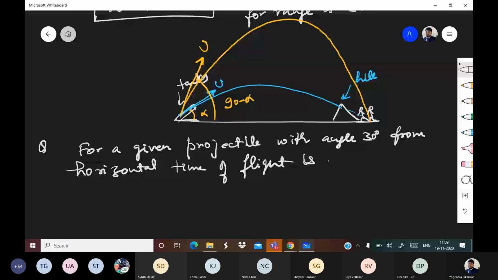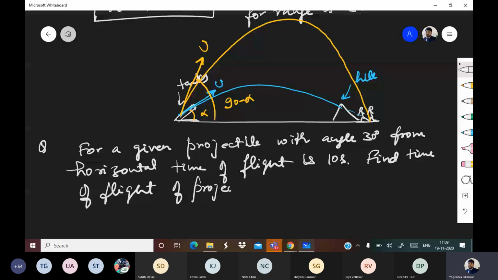Find time of flight of projectile which has same range but different angle of projection.